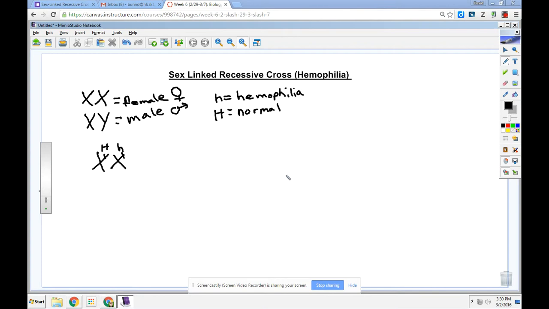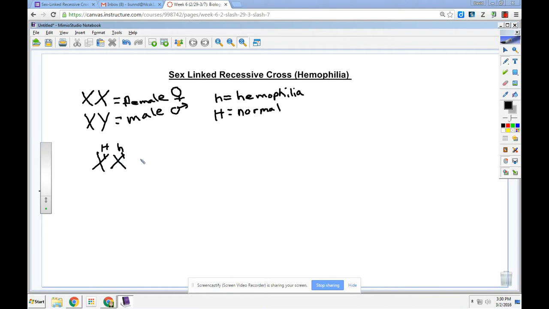So you would show her like that. This is going to end up being the main cause of the disorder being passed on. In this case, it was Queen Victoria who started this down. They're not exactly sure where it started, whether it was a mutation from her parents or in her, but she was traced back to be the original carrier of this disorder.